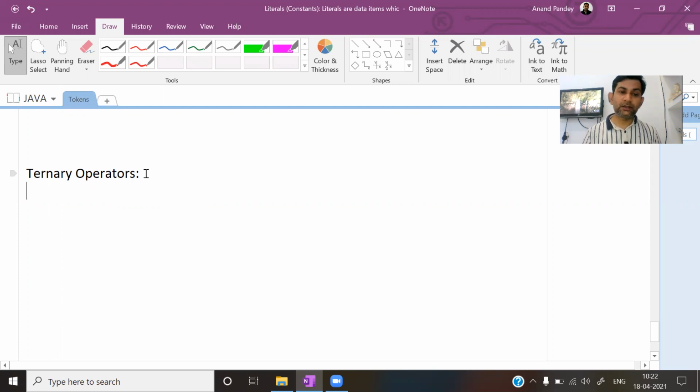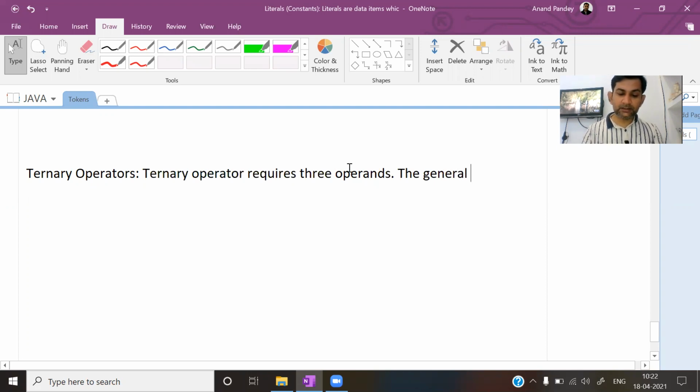Okay, so here we can write: ternary operator requires how many? Three operands. Okay, full stop. The general syntax I'm writing here, you can write with me if you want.